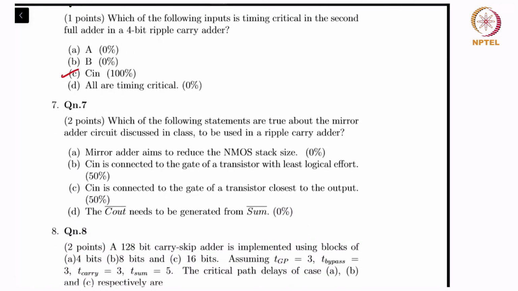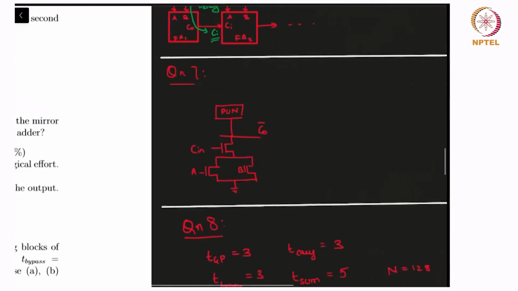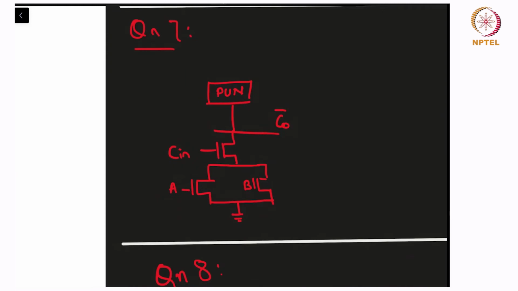In question 7, which of the following statements are true about the mirror adder circuit discussed in class? So this is the pull down network of the carry in and then the pull down network of A and B. This is the carry out generation part. You can see that Cin is in fact connected to only one transistor.